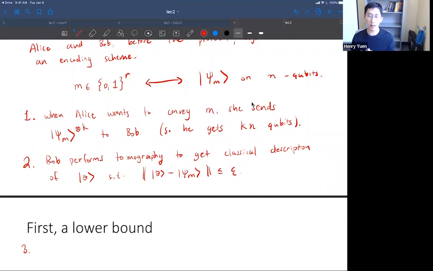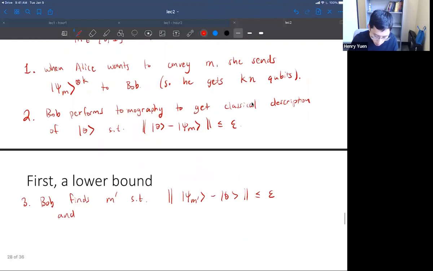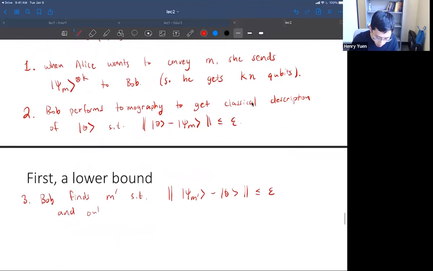And I'm going to think that is the message. Then he's going to output m prime as his guess for what the original message m was.